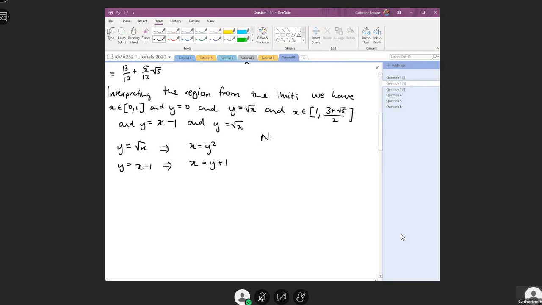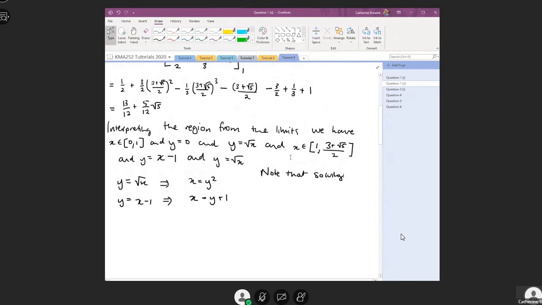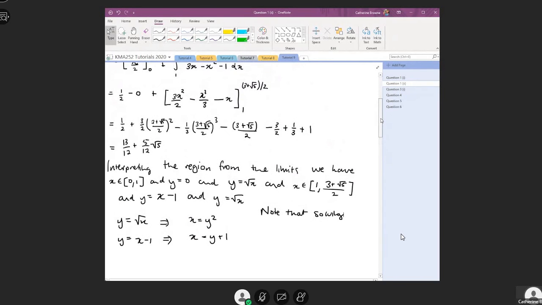And I'm also going to note that solving, which part did you want to look at? Does that help?